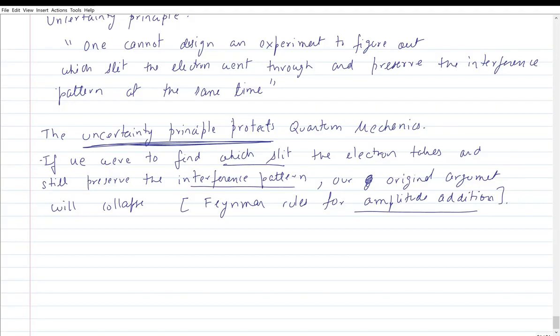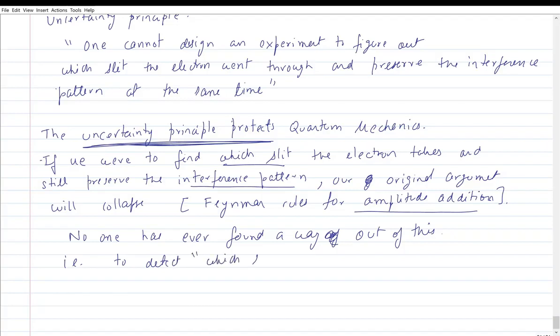And frankly, no one has ever found a way out of this: to detect which slit the electron passes through and also preserve the interference pattern.